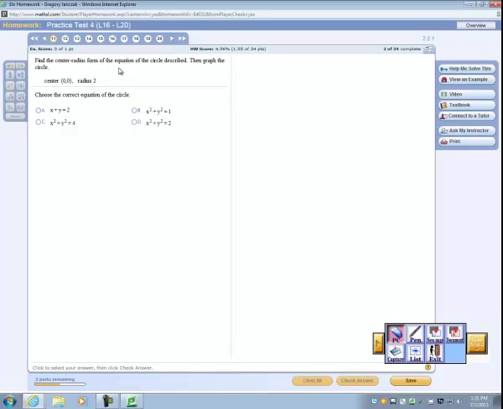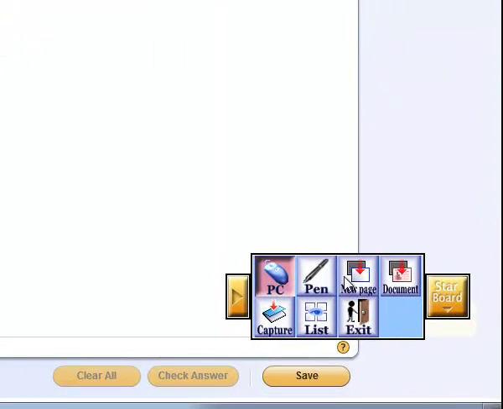Okay, find the equation of the circle described when you have center 0, 0, and radius 2. Given our equation of a circle, which one would it be? A, B, C, or D?